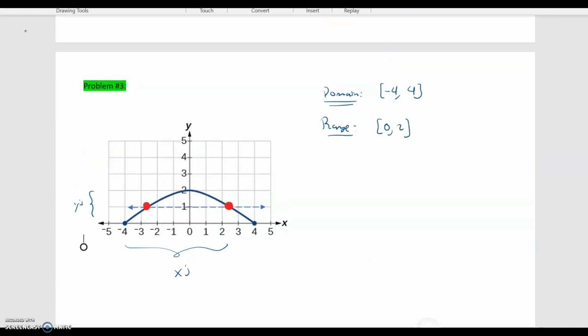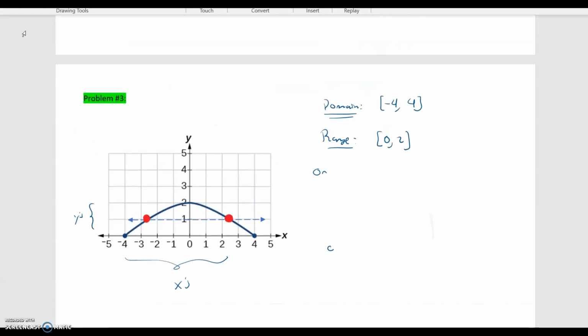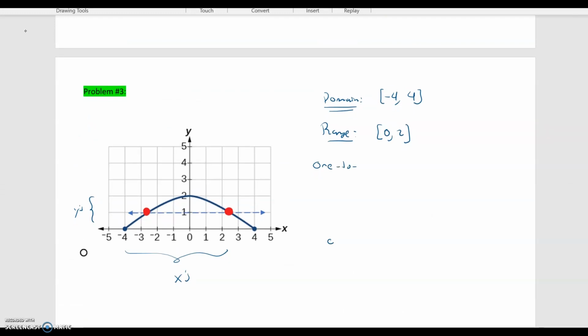So for the portion of one-to-one, we would say no. The function is not one-to-one because the function fails the horizontal line test.